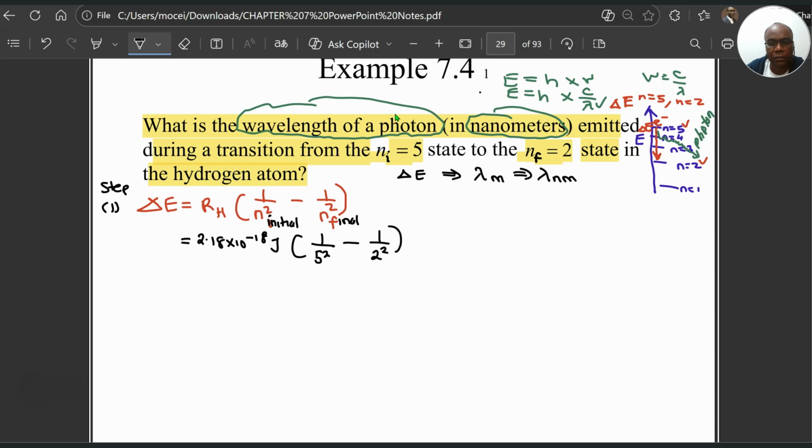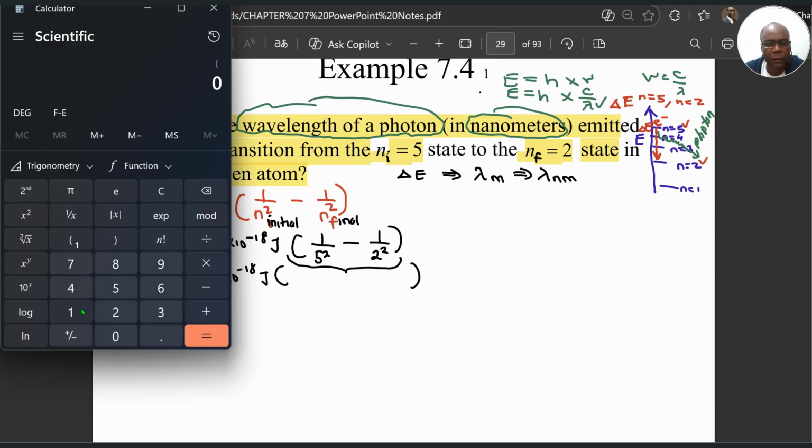I'll firstly do what is in the parentheses. This is where your calculator skills will help you. So doing what is in here first, this is what we're going to get: 1 divided by 5 squared, minus parentheses, 1 divided by 2 squared.